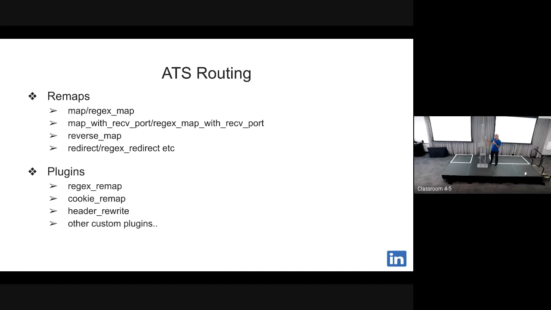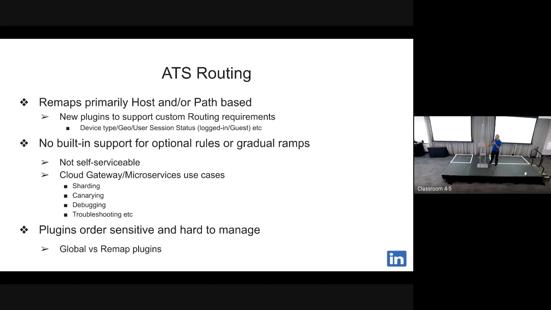So this is great. The gaps we have with these are that remaps are primarily path and host based. So you have to have either of these to do any routing. But of late, especially with the move to cloud and microservices, there are so many use cases where you may want to do routing based on other factors.